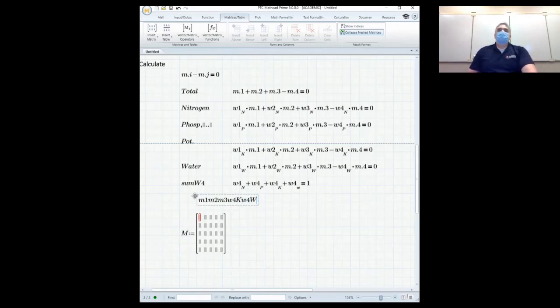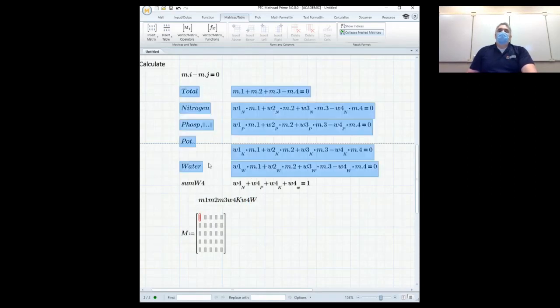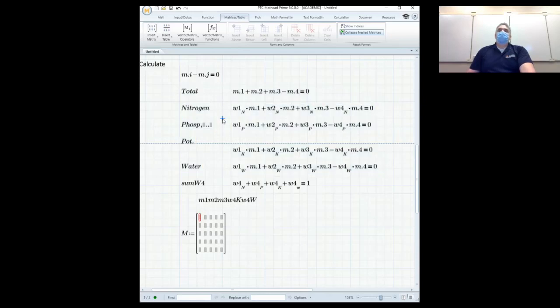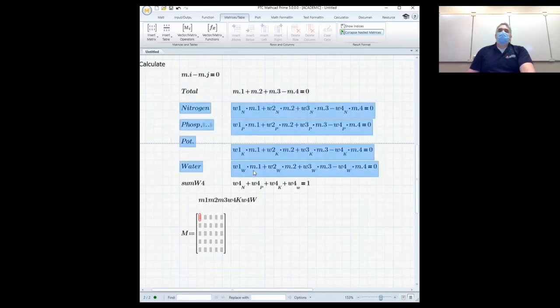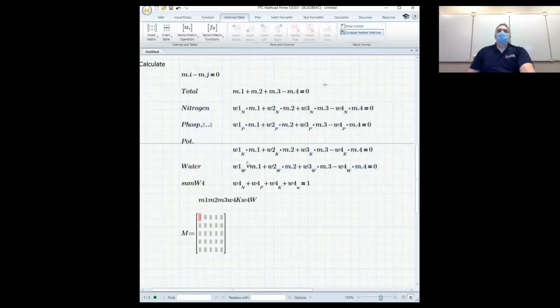And then for the equations, I have to choose 4 of these top 5. It's often good to use these 4 here that have more information in them so that you make sure you have all your unknowns accounted for. If you skip out and don't use the water one, you might lose some unknowns.